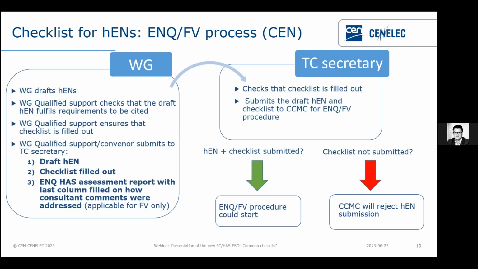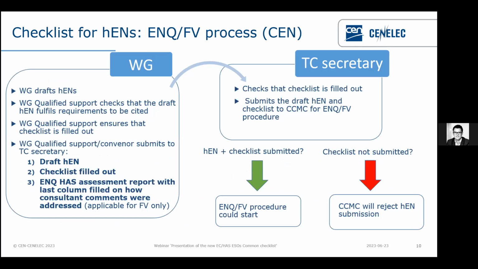So this is the process for submitting a document for assessment for the SEN side. The work group drafts the harmonized standard. The work group qualified support checks that the draft harmonized standard fulfills the requirement of the directive, and ensures as well that the checklist is filled out.